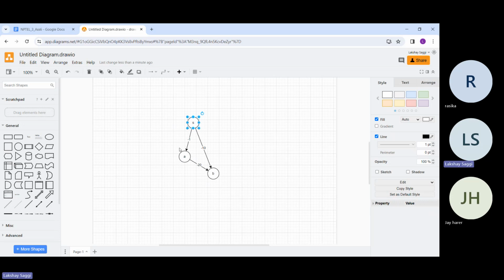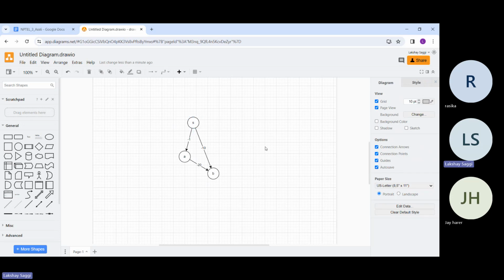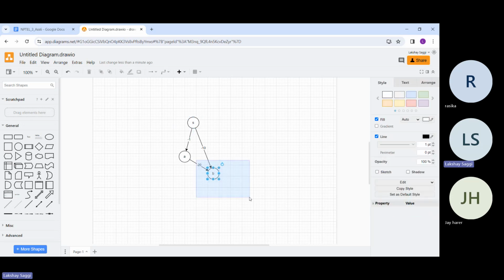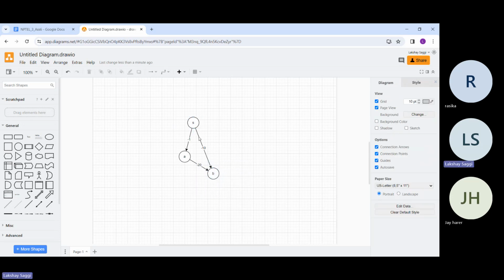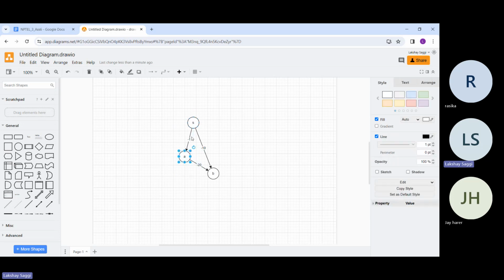And -10 is lesser than -1. So that's why the Dijkstra algorithm will fix the distance of B as -10 from S. And after that, Dijkstra will fix the distance of A as -1 from S in the second iteration.